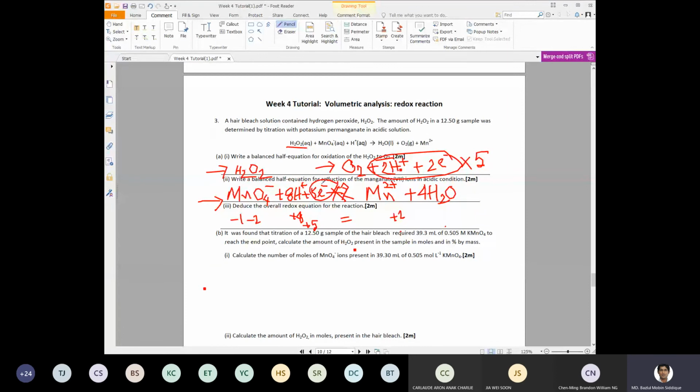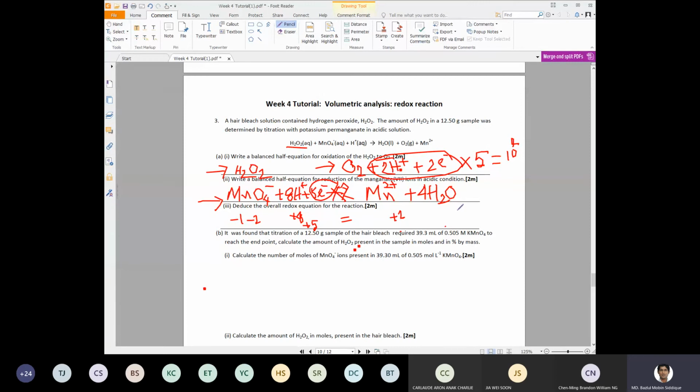So that it is 10 electrons on this side, and 5 times 2 is 10 electrons on this side as well. So now it is balanced. And we see that 5 times 2 hydrogen is 10 hydrogen ions, and 8 times 2 is 16, right?